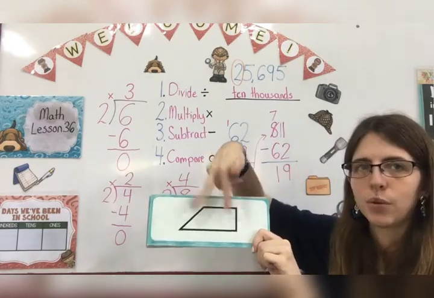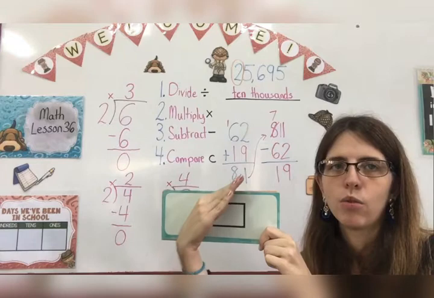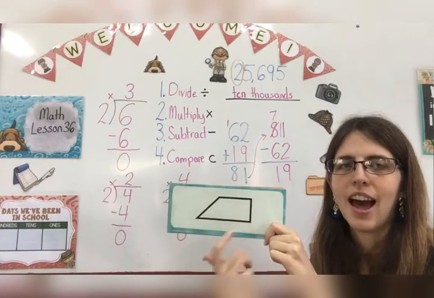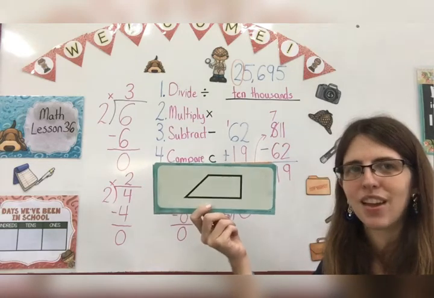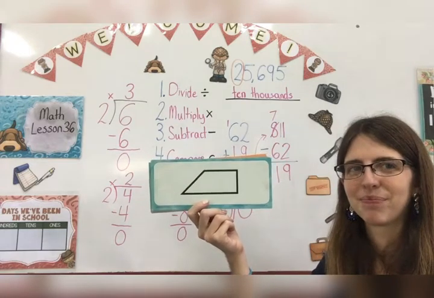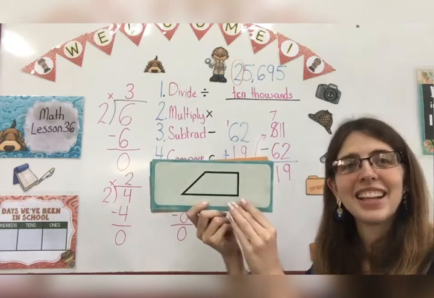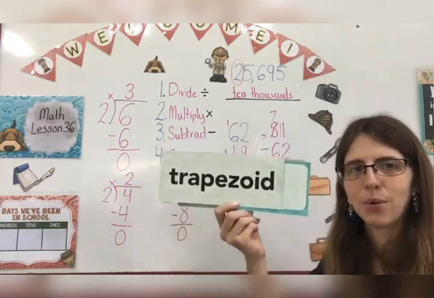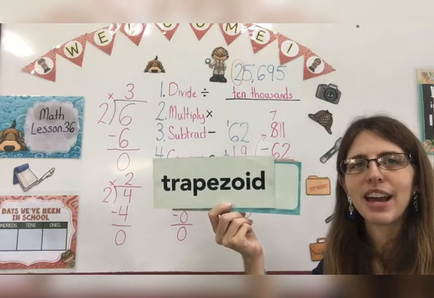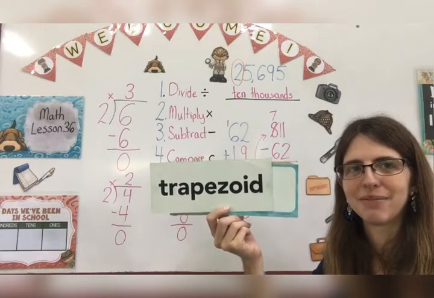Look at these two. Eventually, this one would cross this side. So it's not a parallelogram. What shape is it? What do you think, Amy? That's right, it's a trapezoid. So cross out parallelogram and write trapezoid.